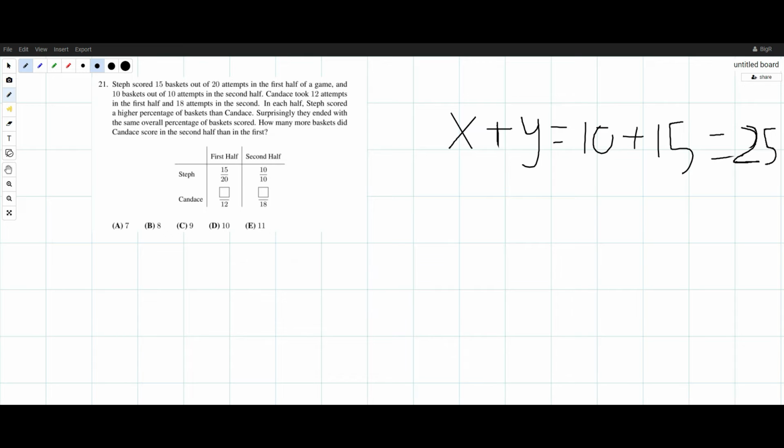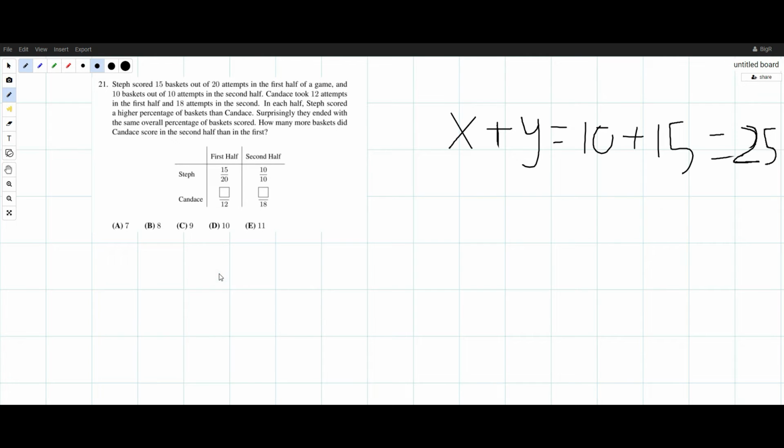Now, in addition to this, we can have the following inequalities. Basically, our inequalities are going to be based on how Candace had a lower percentage of baskets than Steph. So we can write this out here. We will have two equations and inequalities here.